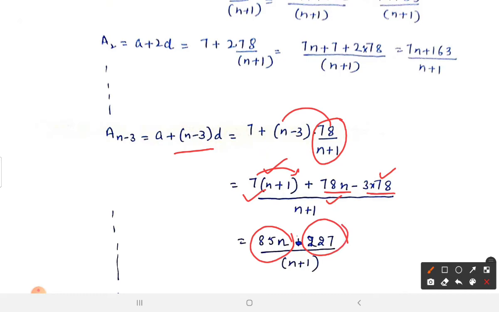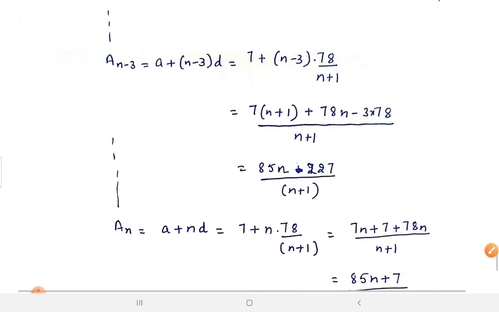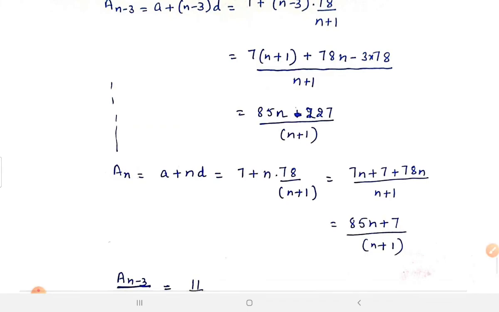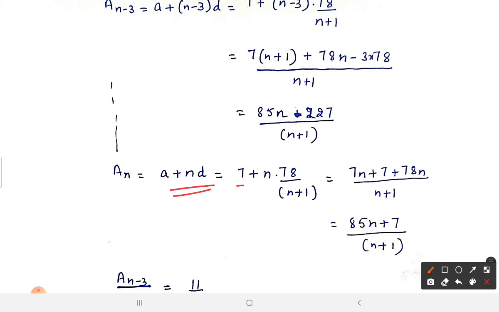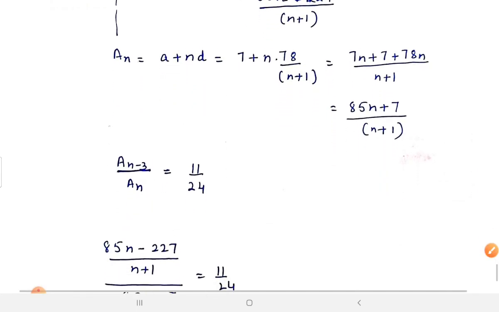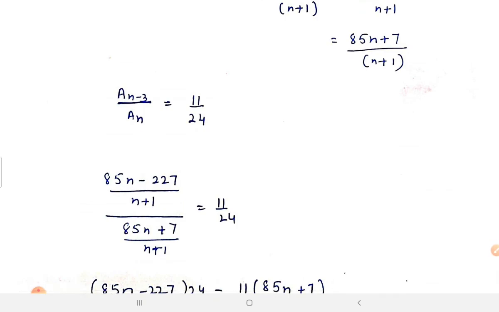So we have (85n minus 227) upon n plus 1 as the (n minus 3)th mean. And what is the nth mean? It is A plus n times D. So we have 7 plus n times 78 upon n plus 1. Take the LCM. So we have 7n plus 7 plus 78n, so (85n plus 7) upon n plus 1. Now let us take the ratio of A(n minus 3) upon An, which is given to us as 11:24.